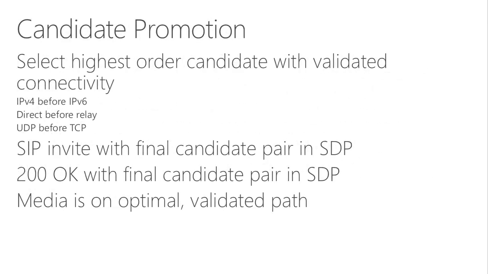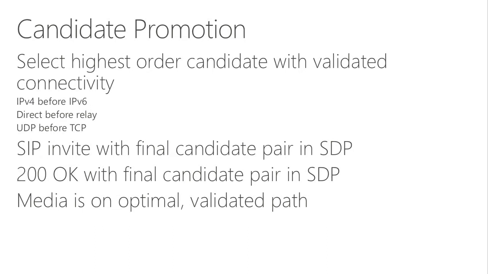Because then there will be the candidate promotion. So out of all the working connectivities, we will say, well, this is the best one, and Lync will use the following logic. We will always prefer IPv4 over IPv6. The reason is, well, IPv4 networks have very good routing today. IPv6 is not that common, so we are assuming that IPv4 would give you a better, more direct connectivity than IPv6.